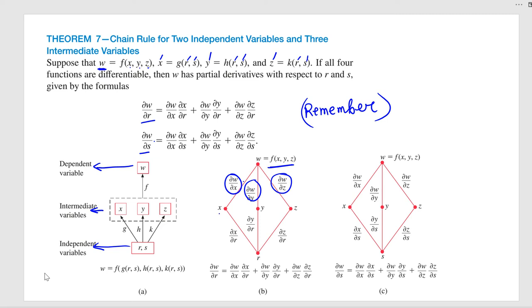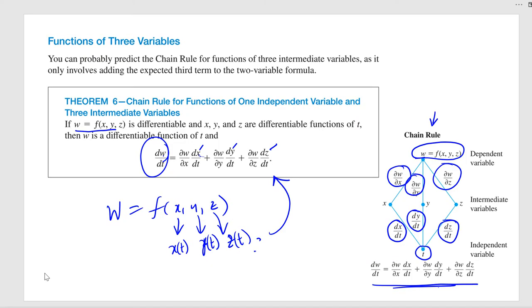Here also x is a function of r and s. So we need to calculate the partial derivatives with respect to r and then with respect to s. Try to remember this dependency diagram. Whenever we have a function of several variables, we go for partial derivatives. If we have the single variable case, we go for ordinary differentiation.